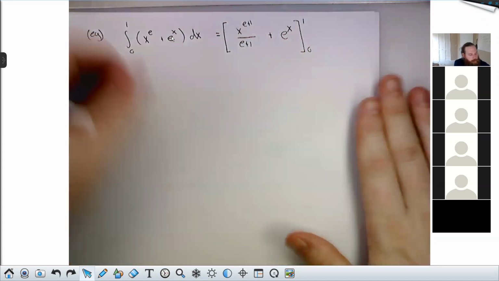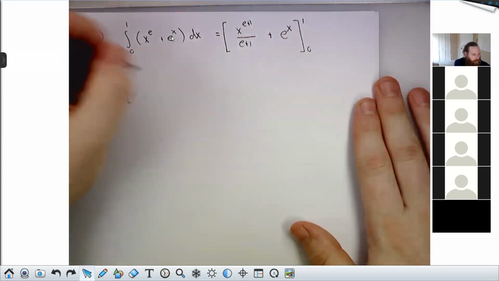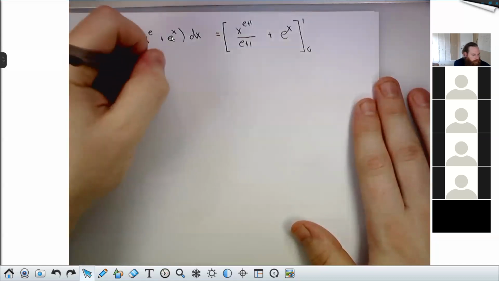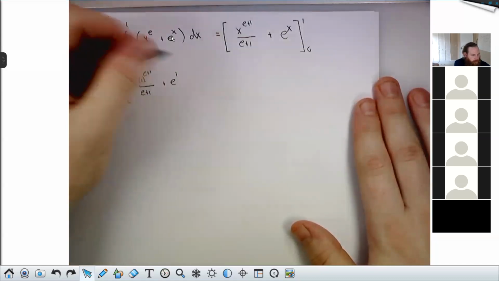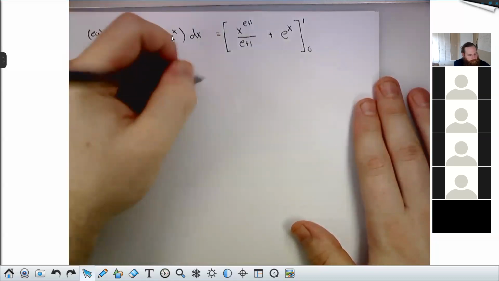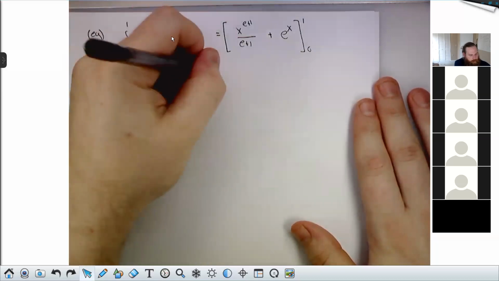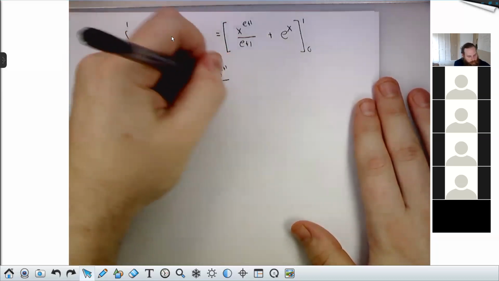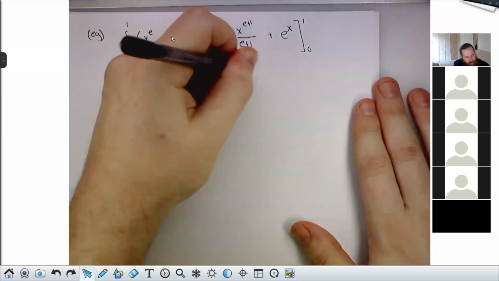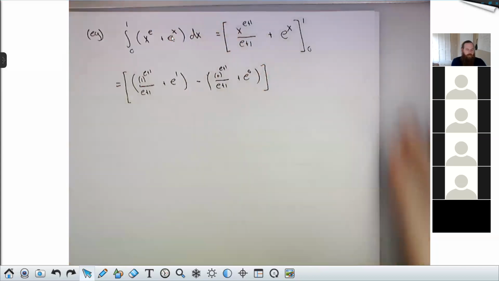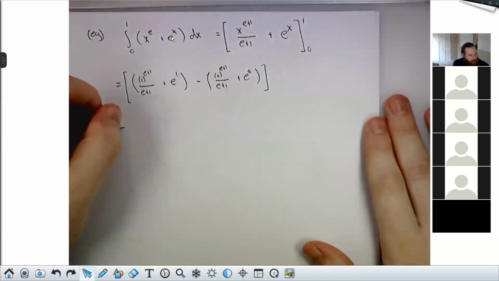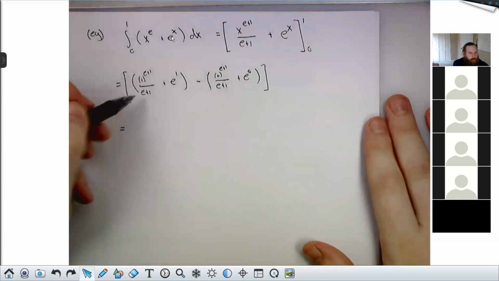And now if I plug in my upper bound, I'll have 1 to the e plus 1 over e plus 1 plus e to the 1, minus, I plug in my lower bound, I'll have 0 to the e plus 1 over e plus 1 plus e to the 0. If you take the number 1 and raise it to any power, you're just going to get 1.